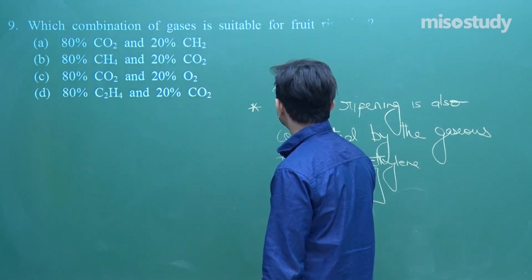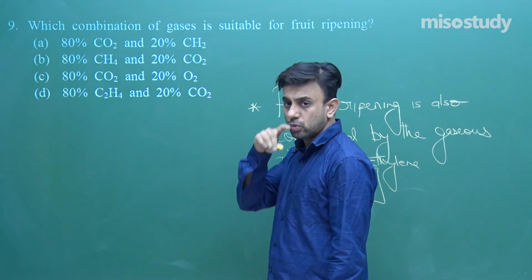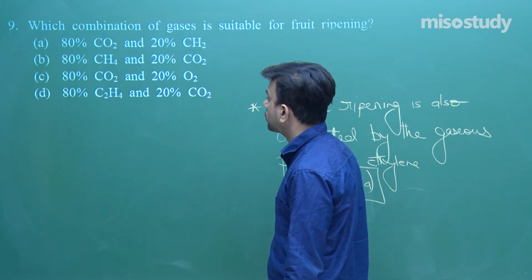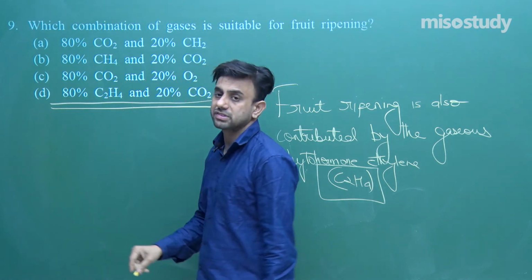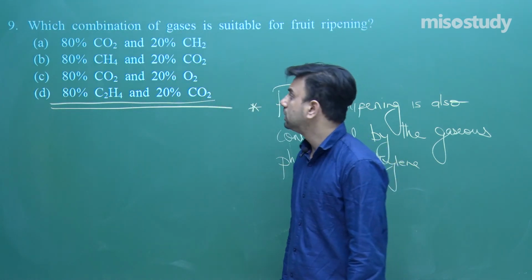Which combination of gases is suitable for fruit ripening? Here we can see only one option with 80% C2H4 and 20% CO2 will help in fruit ripening.